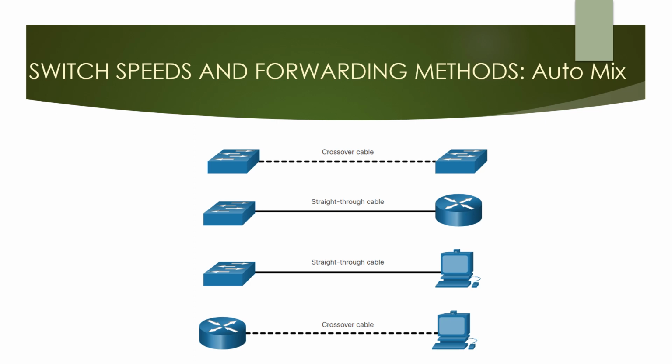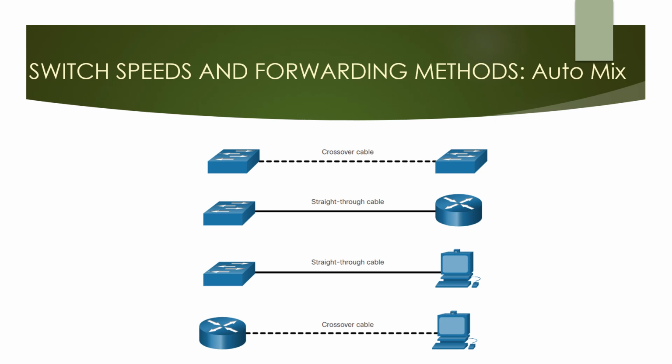Most switch devices now support the automatic medium-dependent interface crossover feature, Auto-MDIX. When enabled, the switch automatically detects the type of cable attached to the port and configures the interface accordingly.